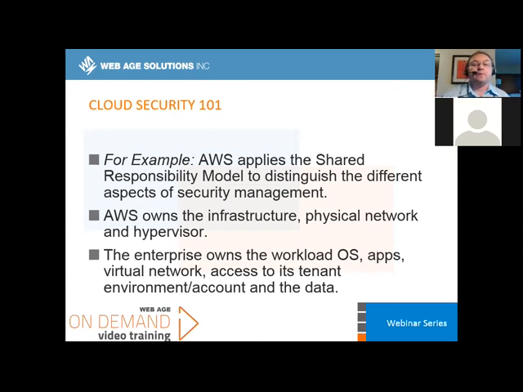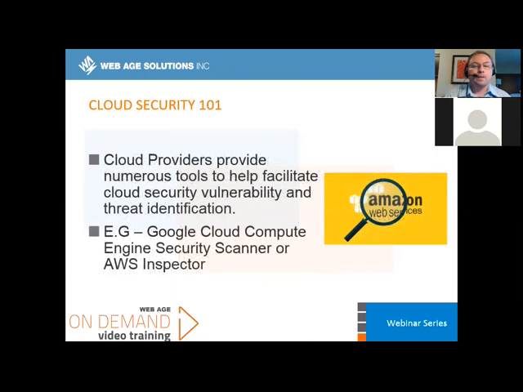But again, just be aware that there's going to be some responsibility. When it comes to cloud providers, it's important to understand that the cloud provider is going to need to help facilitate a lot of the threat identification.